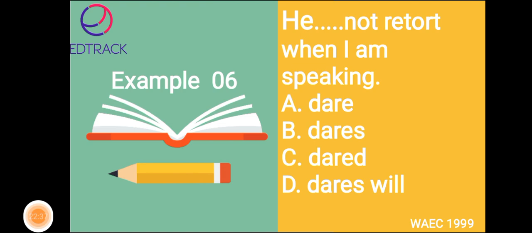It is simply a singular subject, which is definitely going to take a singular verb. So option B is the appropriate answer here. It does not retort when I am speaking. So option B is the correct option.